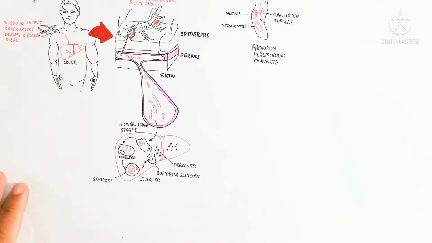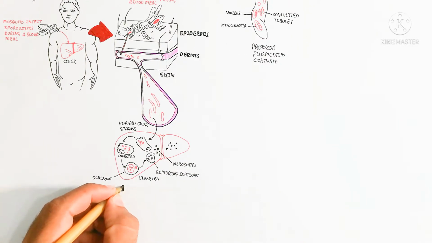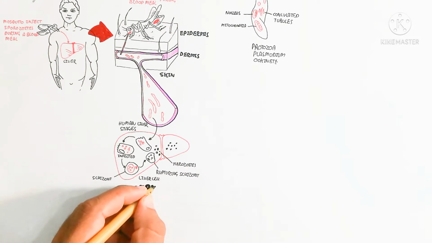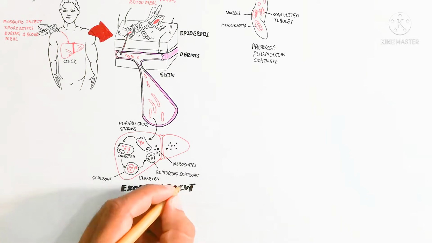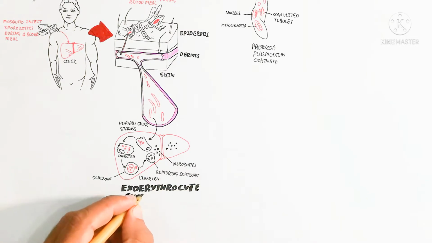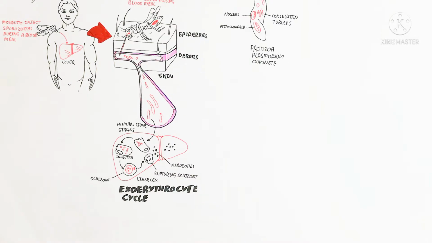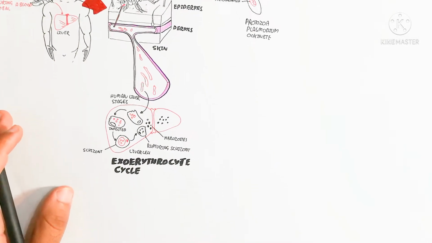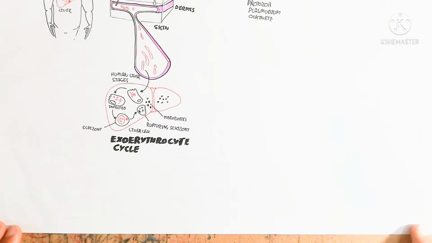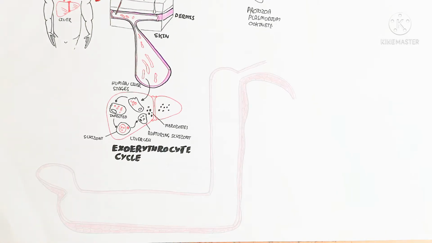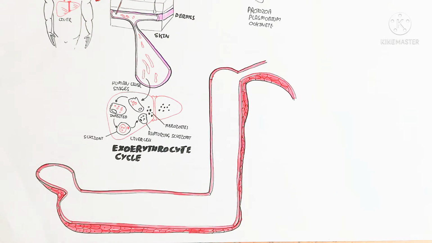After the sporozoite, merozoites are formed in the liver, and these merozoites go into the blood circulatory system again.